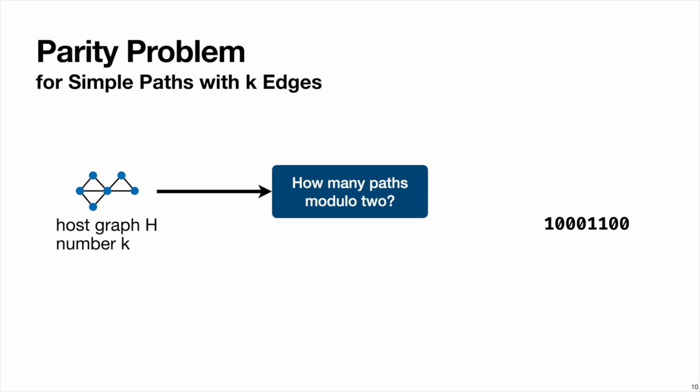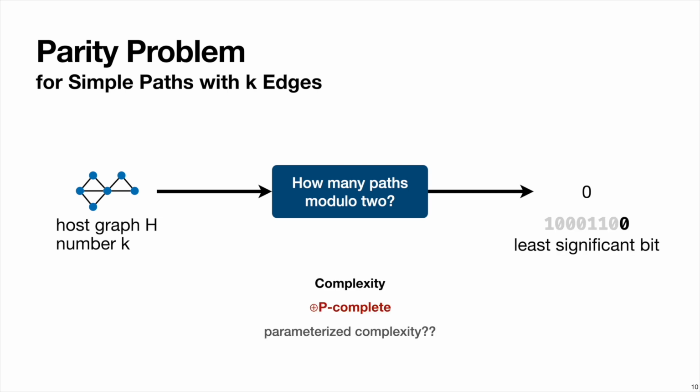Finally, and that's the problem that we study in our paper, there is the parity problem. How many paths are there modulo 2? Here, in the bit representation, we would just look at the least significant bit. The complexity of this problem is as follows.